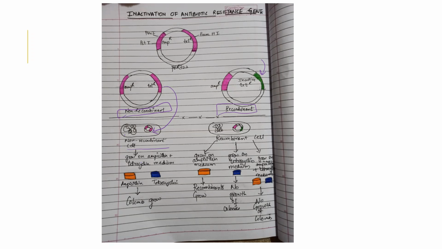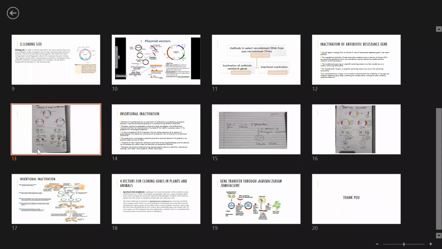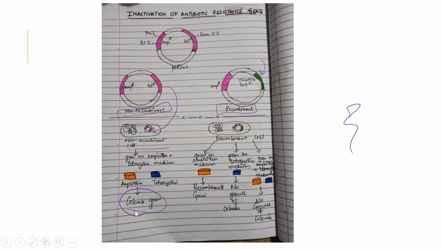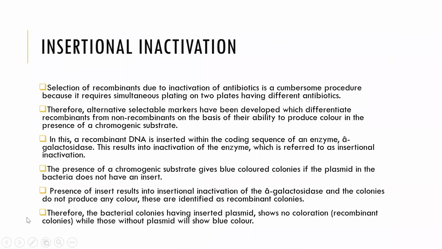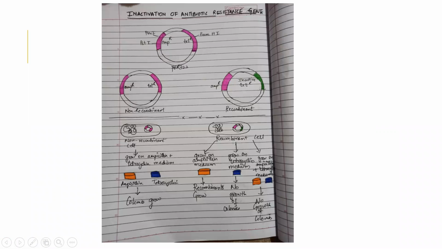This together is referred to as a non-recombinant cell. Then we grow them on ampicillin-containing medium and tetracycline-containing medium. In both media, the colonies will grow. Why will the colonies grow?